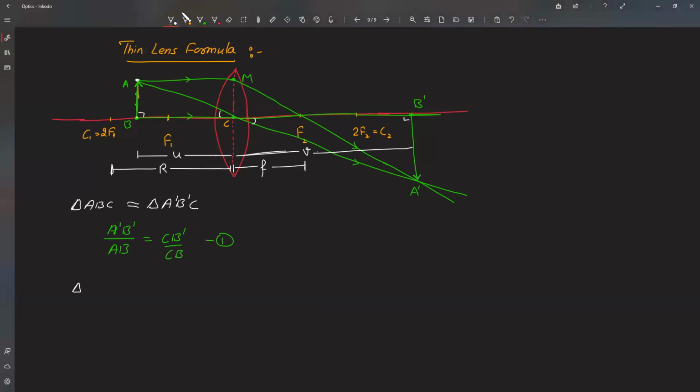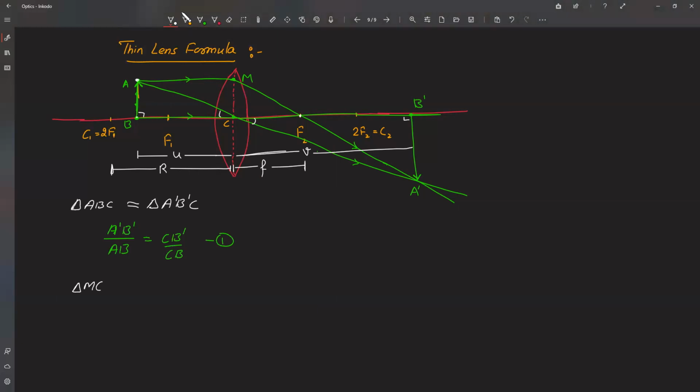Now take another pair of triangles, where we have to relate focus. So focus is here, and which triangle is formed by this? It is MCF2.